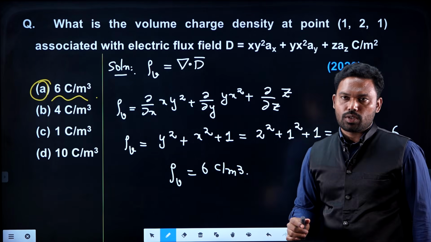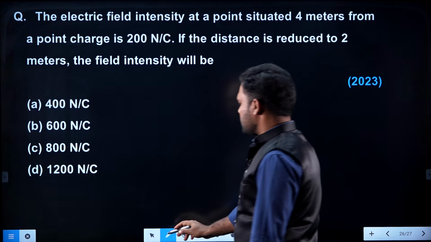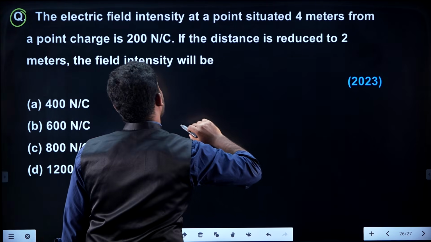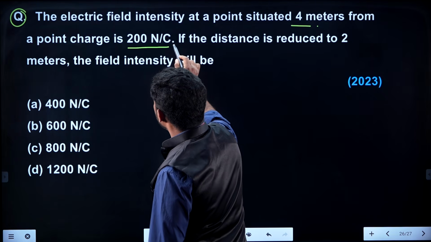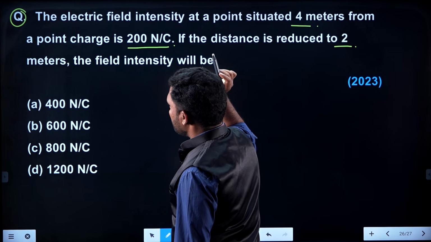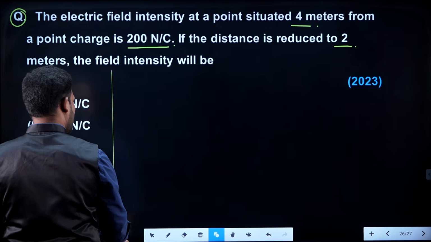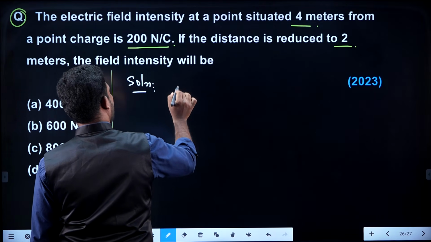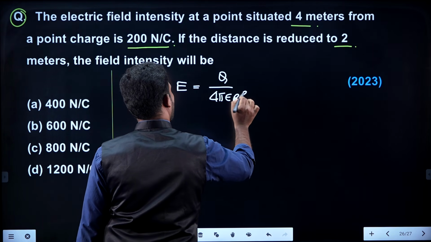Fine, let us have one more question, directly formula based. This is Coulomb's law based. The electric field intensity at a point situated 4 meters from the point charge is 200 Newton per Coulomb. If the distance is reduced to 2 meters, the field intensity will be? What is the electric field? I will take the magnitude. Electric field E is equal to Q divided by 4 pi epsilon r square.